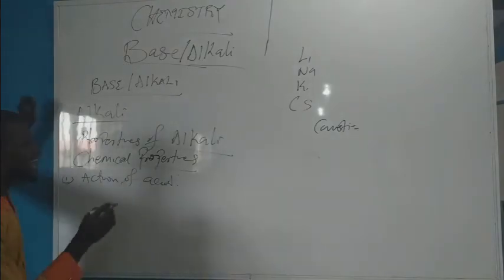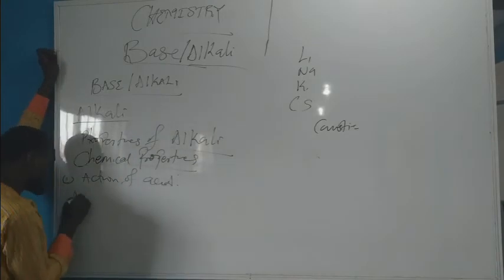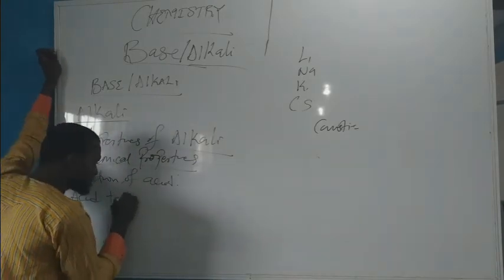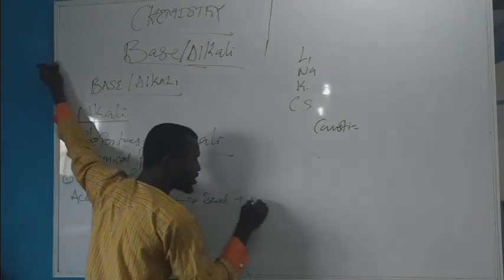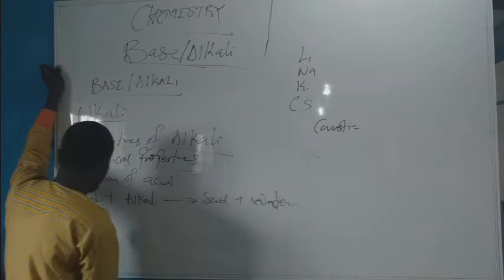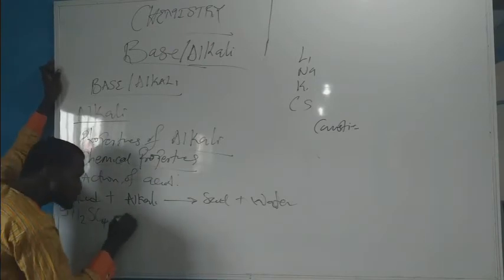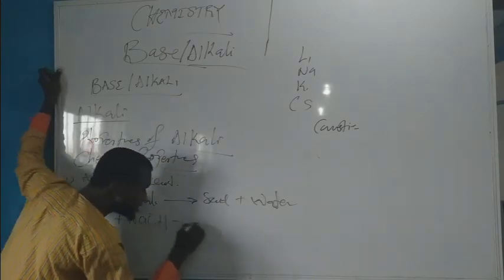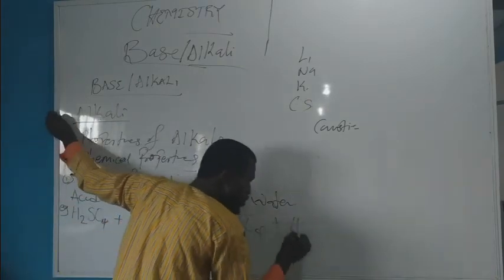However, an alkali reacts with what? With an acid to form salt and water. So acid plus alkali yields salt plus water. For example, tetraoxosulfate(VI) acid, or sulfuric acid, plus sodium hydroxide yields sodium tetraoxosulfate(VI) plus what?